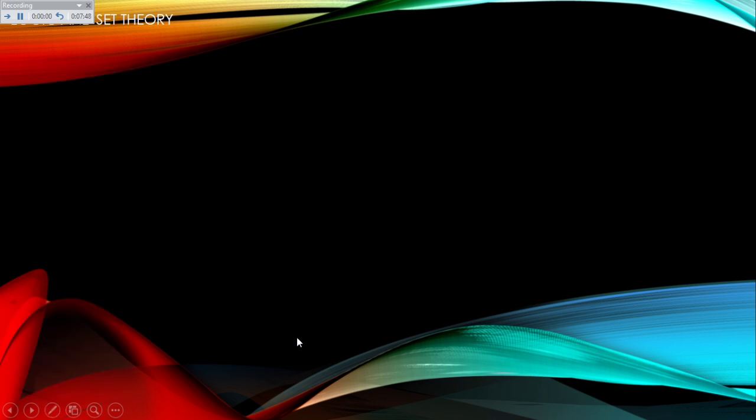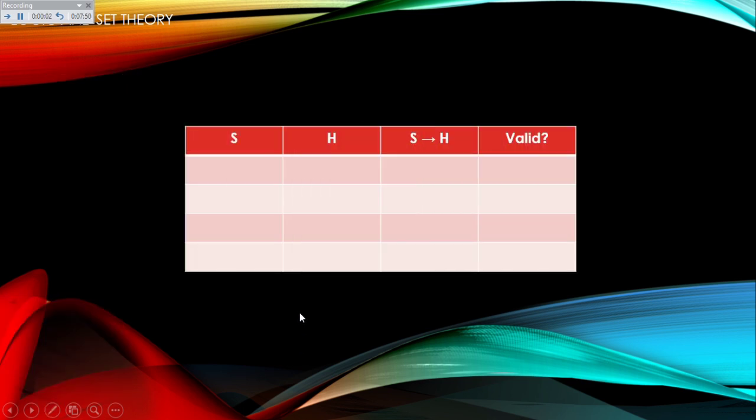Next, to show the truth table, this statement can be represented in the form of implication: if the service was ongoing, then I hurried to go inside. Now let's analyze this using a truth table. The truth table shows the conditions under which the implication, if S then H, is true.